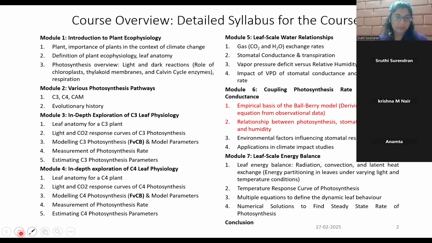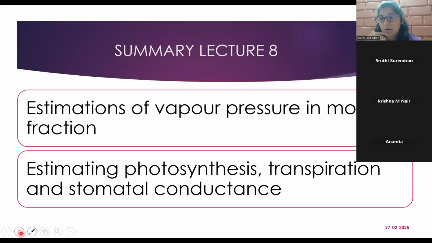And we did some problems so that you can have an understanding of the estimations of transpiration, assimilation and stomatal conductance, and what is the difference between stomatal conductance of water and stomatal conductance of carbon dioxide, how they are different, and what is diffusivity and how it gives a relation between the two.